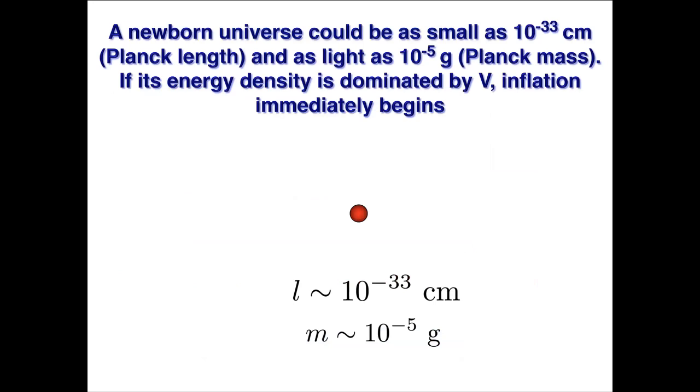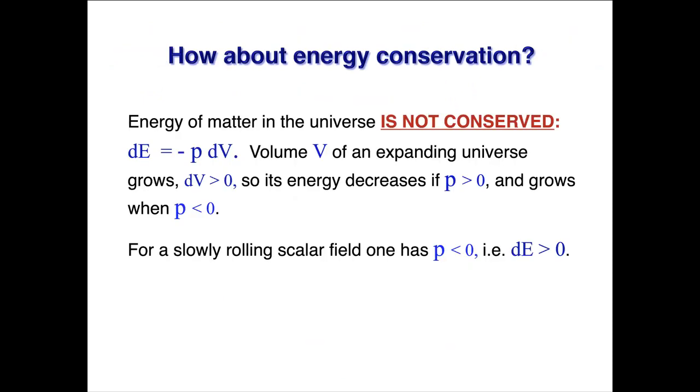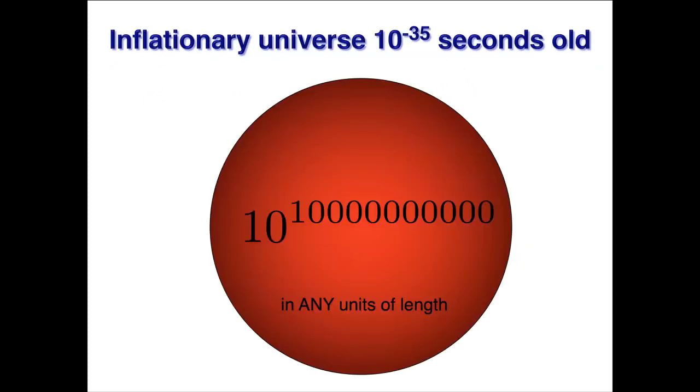So you may start with simple semi-realistic models. You may start with a small part of the universe, 10 to the minus 33 centimeter, which is the Planckian scale. The total mass of the universe of this type would be the Planckian mass, which is approximately 10 to the minus 5 of a gram. And then after a time of approximately 10 to the minus 35 seconds, it becomes suddenly this large.